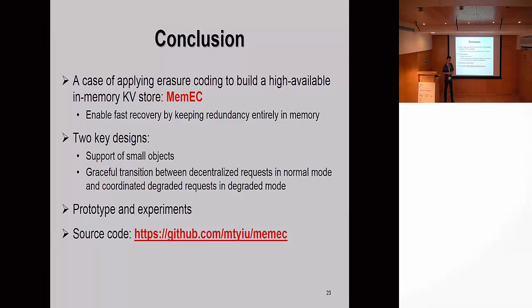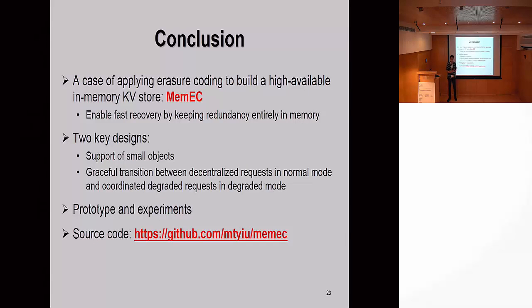Have you considered if you can reduce the overhead during the degraded mode? Because it seems as if you want to scale, as you get larger clusters, you're going to have more failures. And in the degraded mode, things slow down a lot. And then you might have another failure before the first failure is finished. Yes. I'm wondering what your thoughts are about that. So one major design assumption we make is that normal mode is the common case, and we go by the coordinator in the degraded mode.